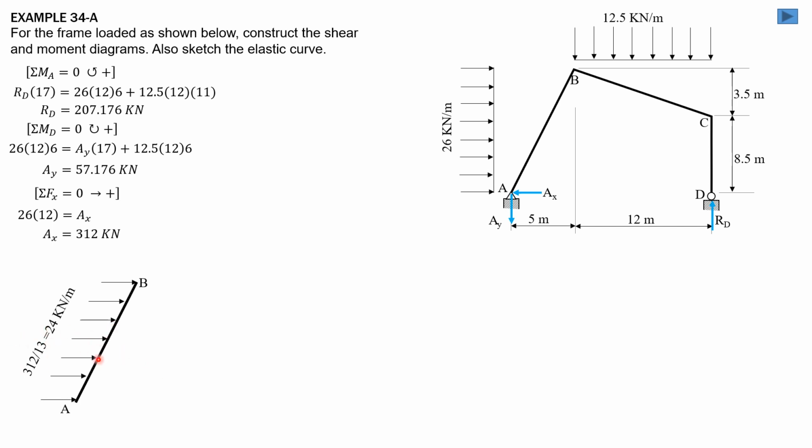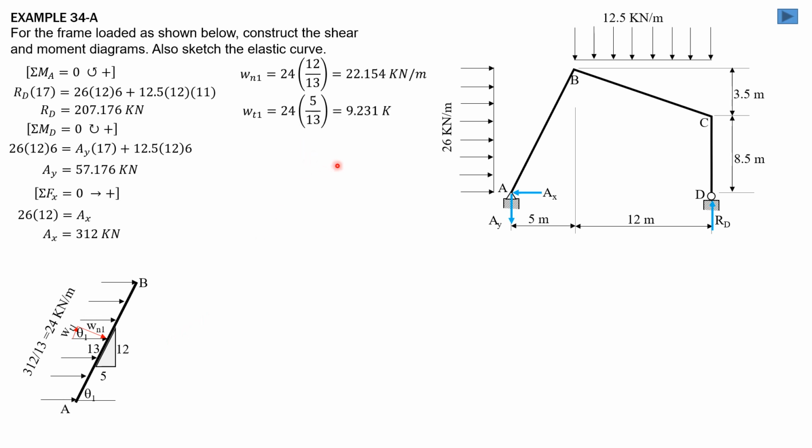Then let's resolve this load into normal, or perpendicular to AB, and tangential load. So this is theta 1, and opposite to theta 1 is 12, adjacent is 5, hypotenuse is 13. W normal 1 is 24 times sine of theta 1, which is 12 over 13, so that would be equal to 22.154 kilonewton per meter, while W tangential 1 is 24 times cosine of theta 1, which is 5 over 13.